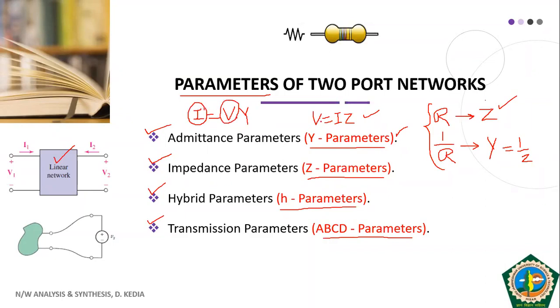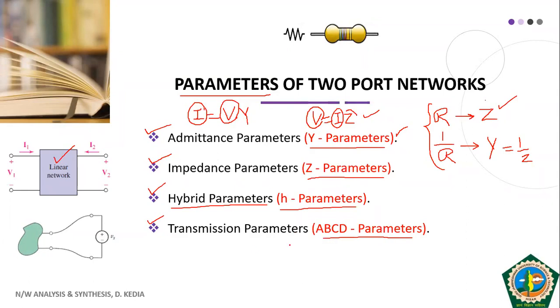In case of impedance, you will have voltage on the left hand side and current on the right hand side. Whereas in case of hybrid parameters, there will be no clear cut distinction like this. You will have current as well as voltage on both the left hand side and right hand side.